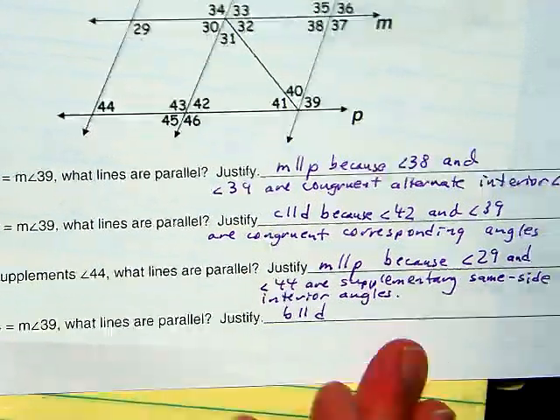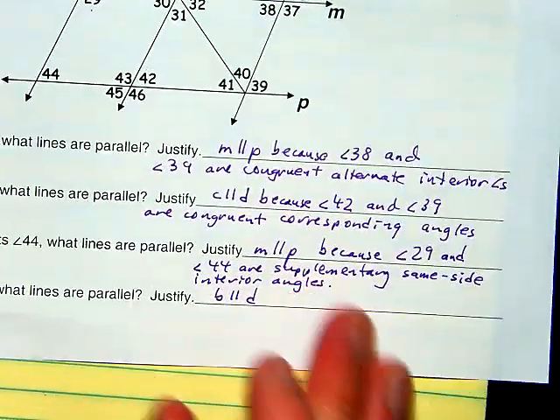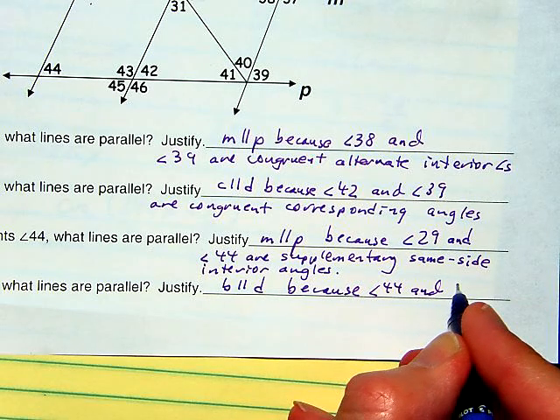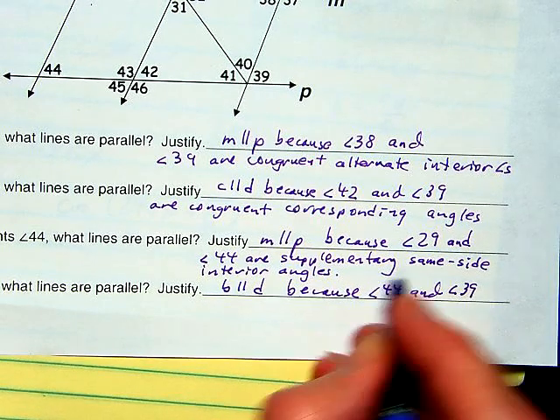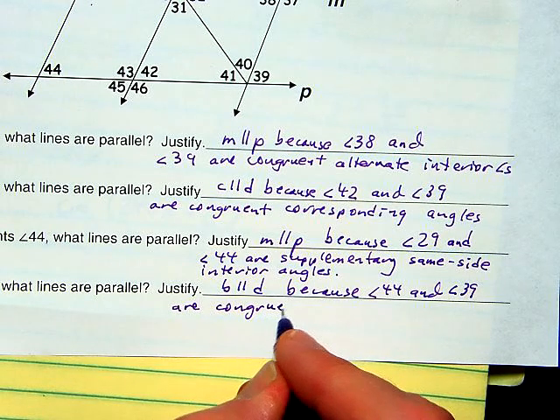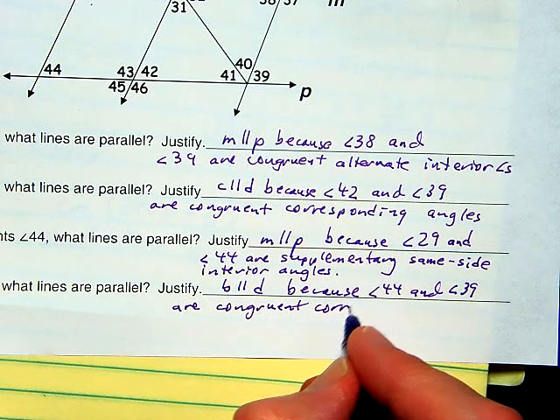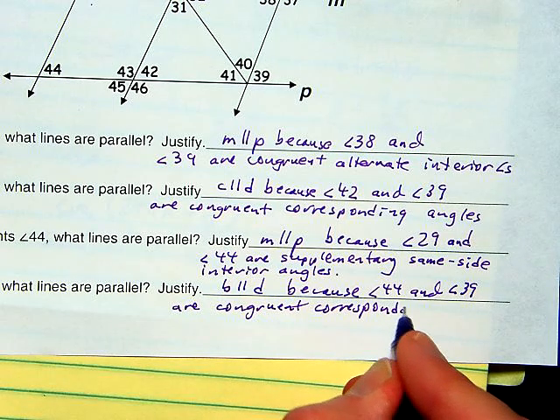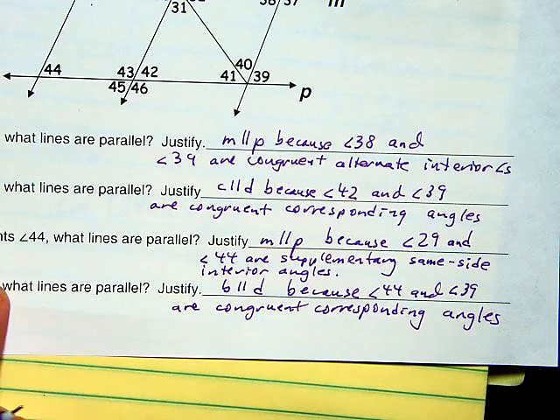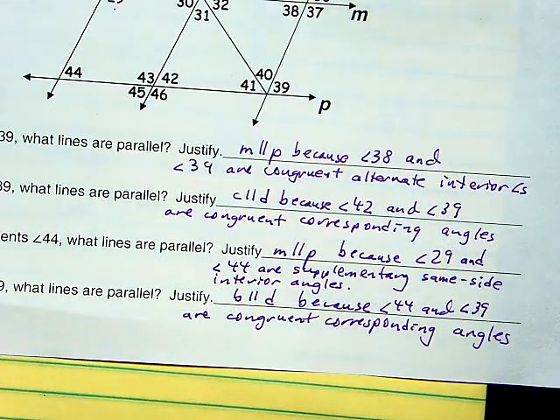So we have our statement that line B is parallel to line D because angle 44 and angle 39 are congruent corresponding angles. Okay, and those are the reasons in this section.